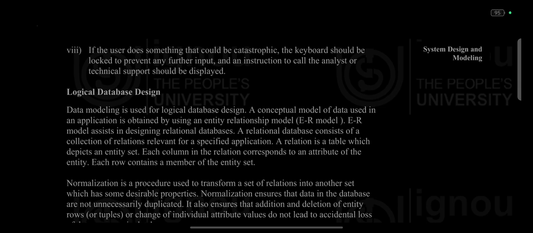A relational database consists of a collection of relations relevant for a specified application. A relation is a table which depicts an entity set. Each column in the relation corresponds to an attribute of the entity. Each row contains a member of the entity set.